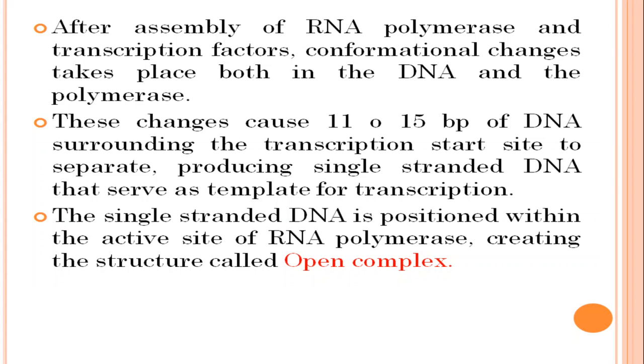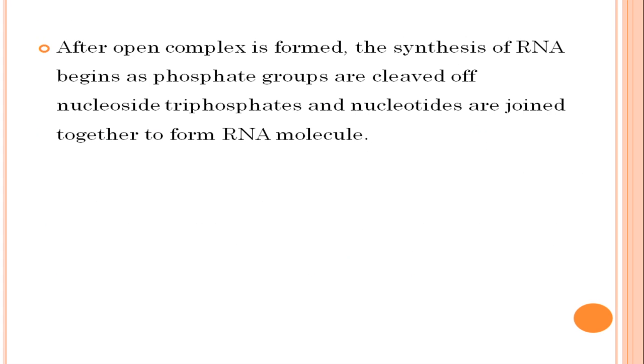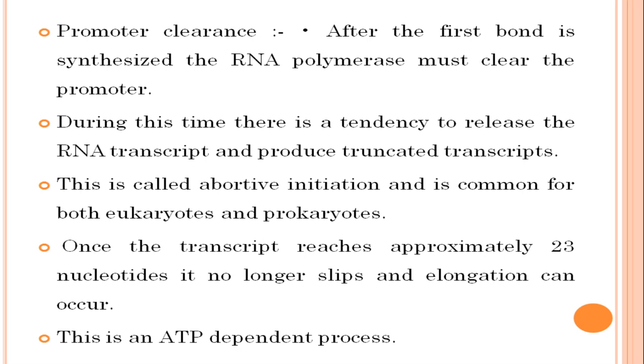This single-stranded DNA takes its position at the active site of RNA polymerase, and the resulting structure is known as the open complex. Once the open complex forms, the synthesis of RNA begins. And this is the way how the process of transcription is initiated.